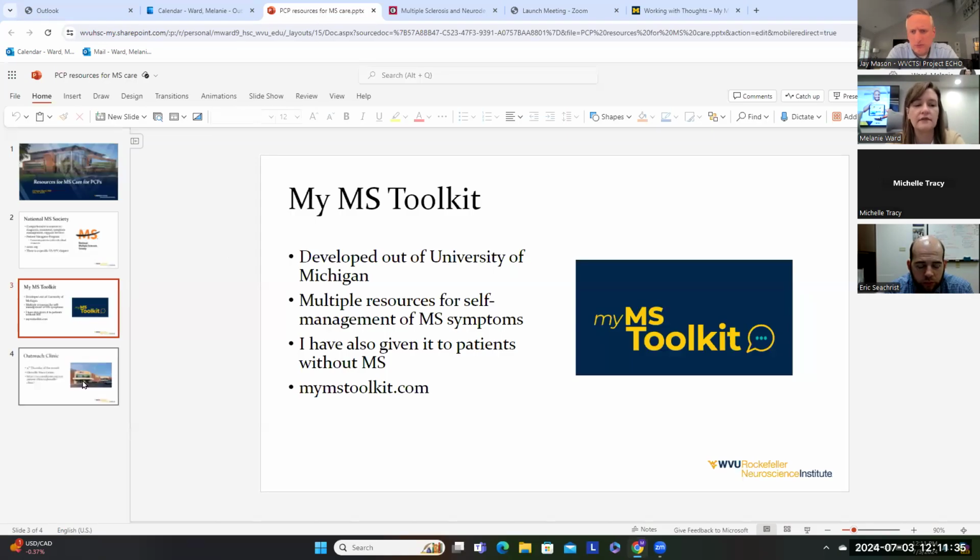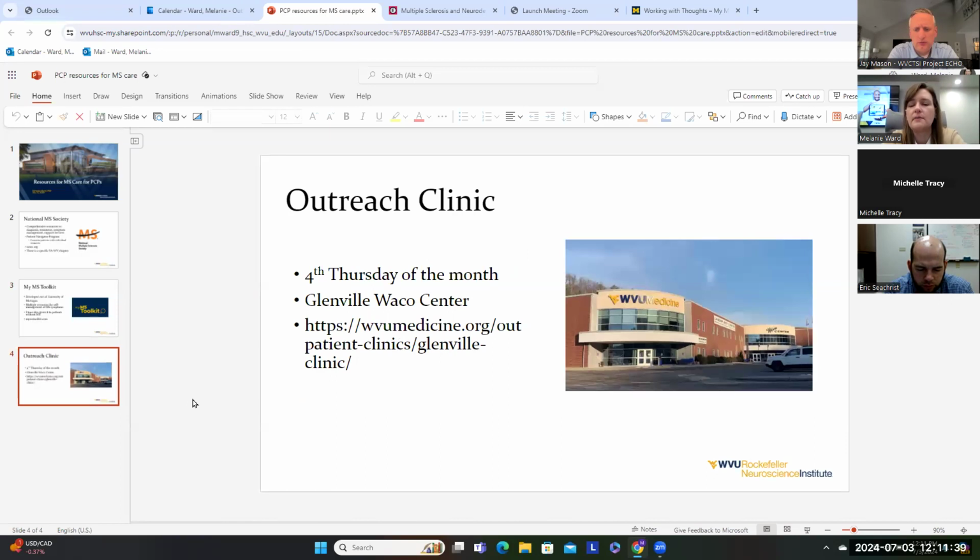I've utilized it for some other patients too. And then I also just wanted to mention that I do an outreach clinic once a month. It's on the fourth Thursday, and it's at the Glenville Clinic, which may be closer for some people's patients than Morgantown. It's a general neurology clinic, so I basically just see whatever comes through there, but certainly also see MS patients there.